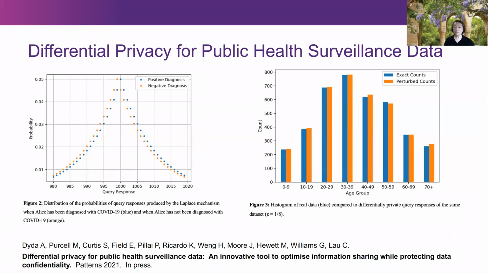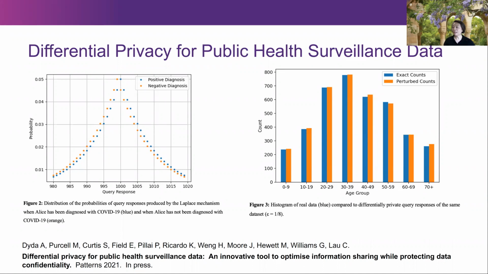And so this one person, if they were or were not, and if you were interested in whether this one person was or was not infected with COVID, and you wanted to find that information, how can we protect this person's data and not allow the adversary to actually identify whether this person's been infected?